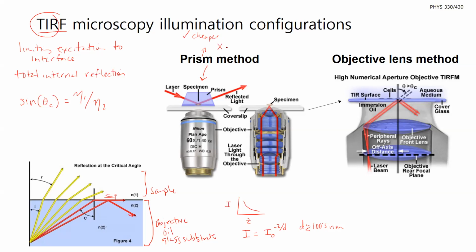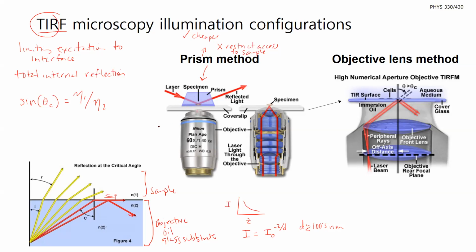The drawbacks are you restrict access to your sample, since you have to have the objective to collect the light and the prism on top, which means both sides of your sample have optics on them. So if you want to have a flow cell, that's going to be challenging. If you want to be changing things with your sample, it's going to be difficult. But the prism method is relatively inexpensive.